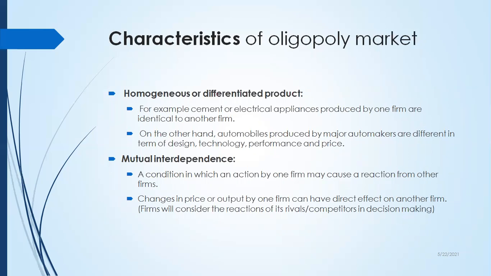Between the firms there is mutual interdependence in this oligopoly market, a condition in which an action by one firm may cause a reaction from another firm. Changes in price or output by one firm can have a direct effect on another firm. A firm will consider the reaction of its competitors in decision making.